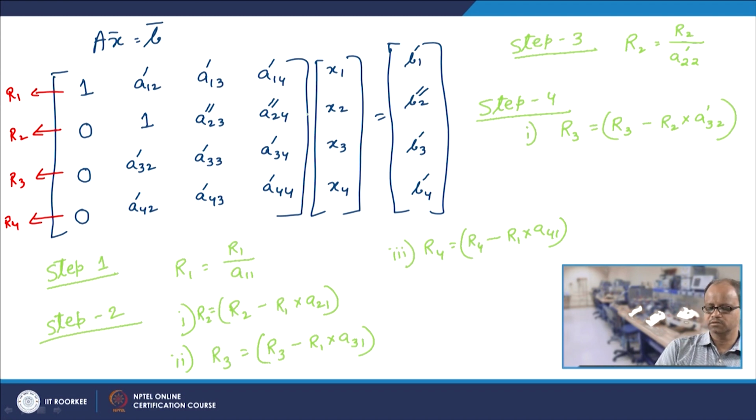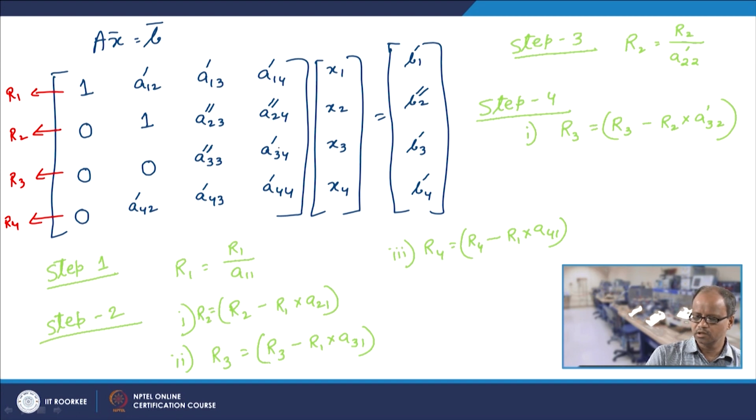Then when I subtract this new row from this, we get here 1, 0, and this term becomes A33 dash minus A23 double dash into A32 dash. So this value will also change. It will become A33 double dash.